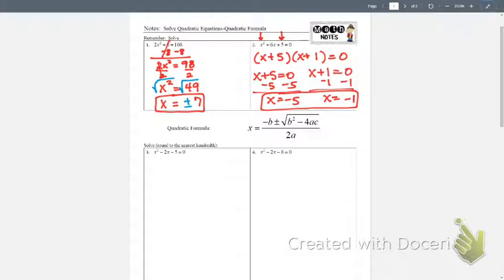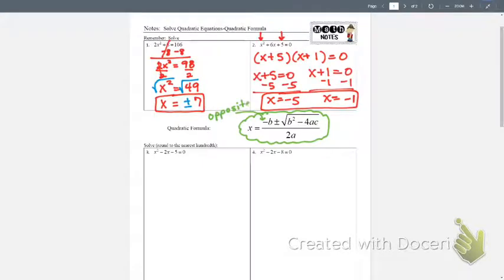Now we're going to learn a new method. The new method is used when you can't factor or you can't isolate the x squared term and take the square root of both sides. We use what's called the quadratic formula to solve, and the quadratic formula is x equals -b, and negative means the opposite.